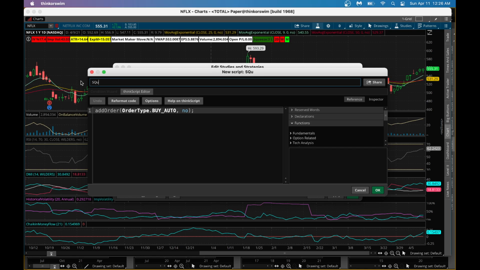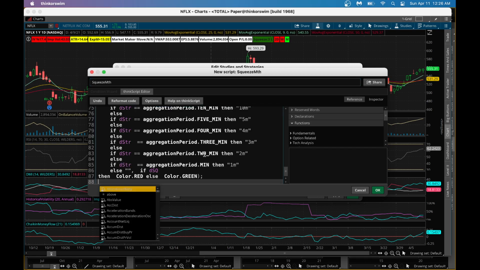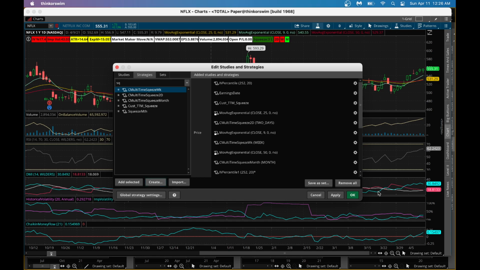I'll say squeeze month. Then you remove this here and just add the code, and just hit escape. When you see something like this, just hit escape, and that's it. We have squeeze month here. Since I already have it, I will remove this, delete.